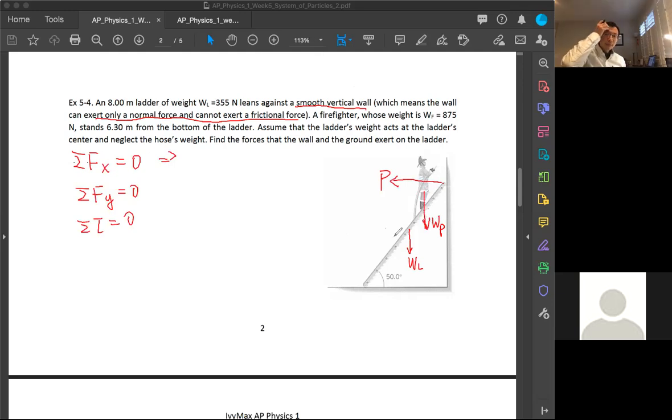All right, what else? The lower edge of the ladder might have another force acting on the horizontal surface. Otherwise, it would just slide, right? It cannot stand. But it didn't mention anything about that.